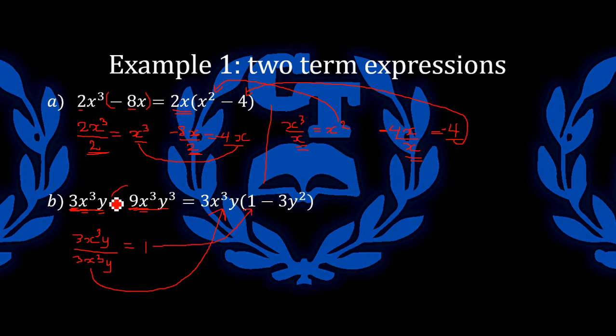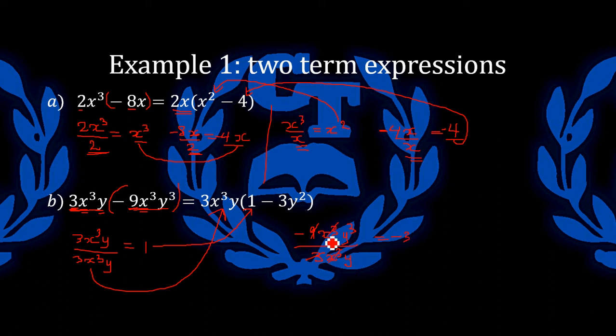Next coefficient here is a negative 9x cubed y cubed. So negative 9x cubed y cubed divided by 3x cubed y would give me a result of: 3 cancels with this to give me negative 3.